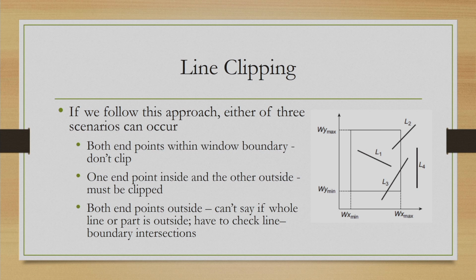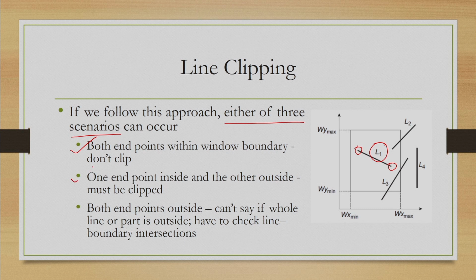But there is a problem. If we follow this approach, there can be one of three scenarios. In the first case, both endpoints may lie within the window boundary. Consider this line segment L1. Here both the endpoints are within the boundary, so we do not clip.